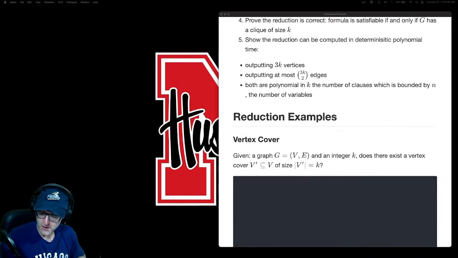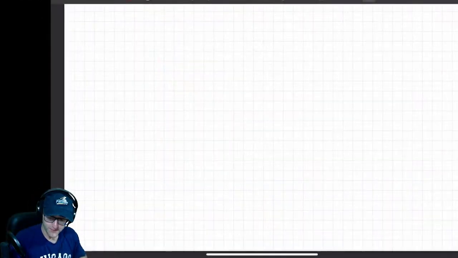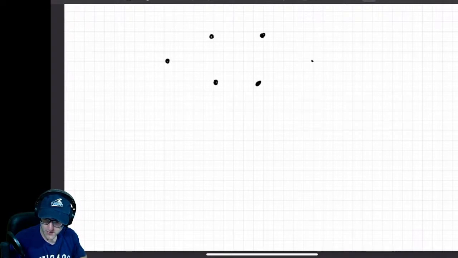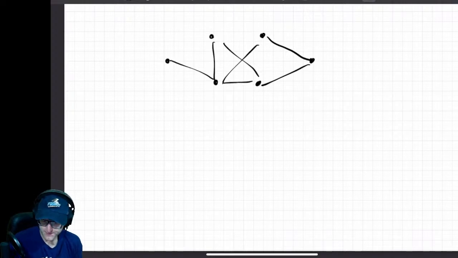So again, let's go back over here to the visualization. If I have, say, a graph like this, I need to select a vertex cover.